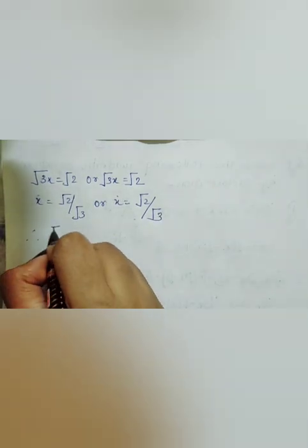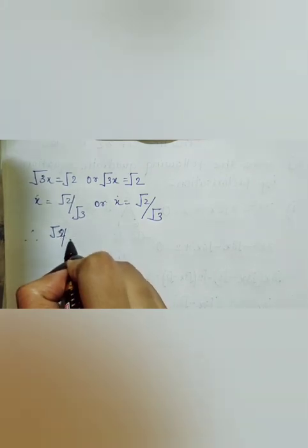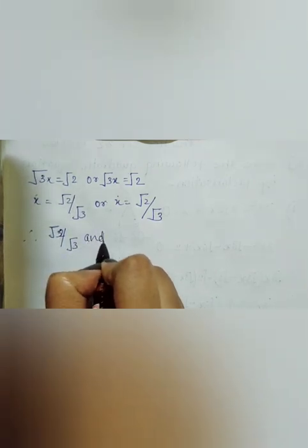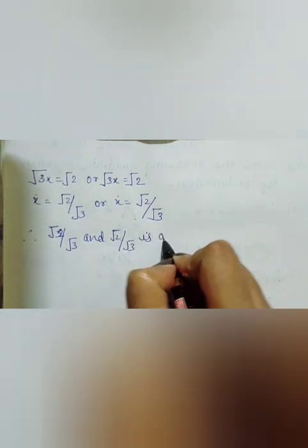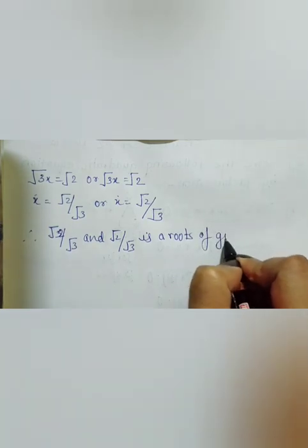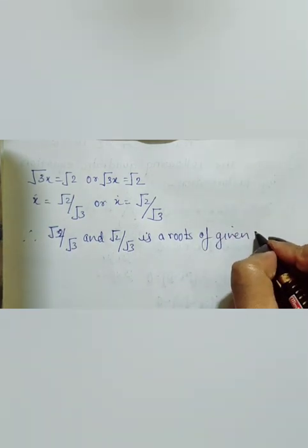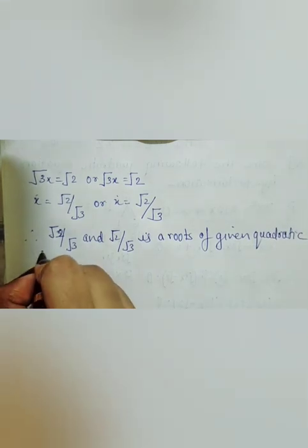Therefore root 2 upon root 3 and root 2 upon root 3 are the roots of the given quadratic equation.